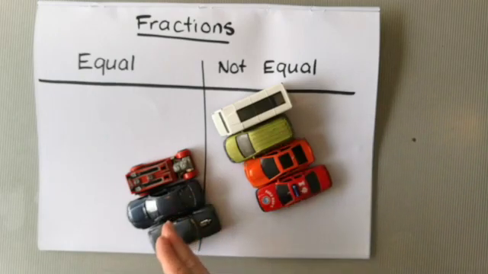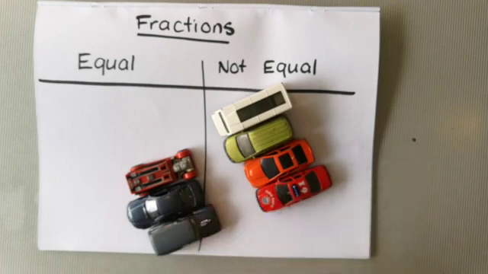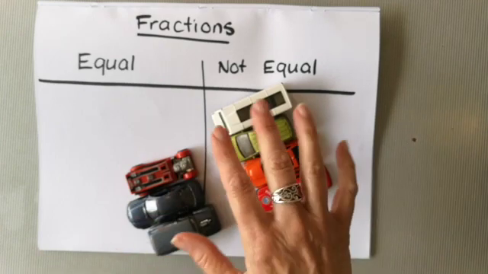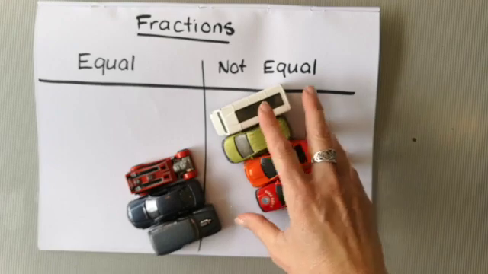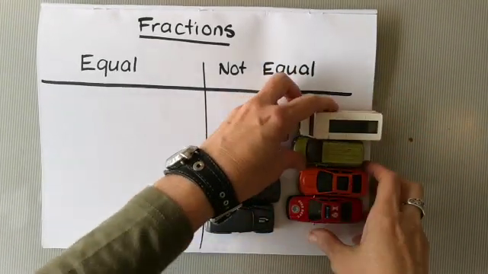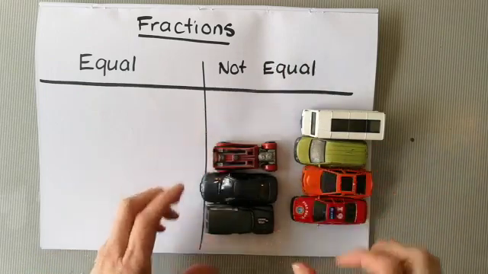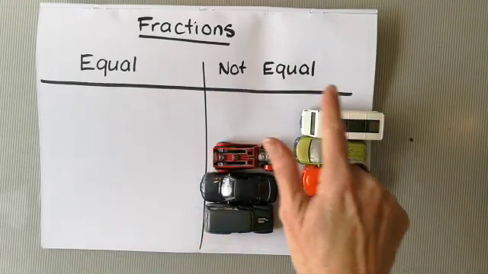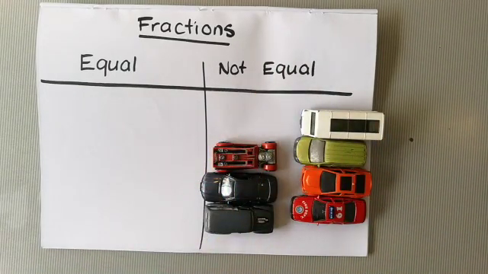Are they equal? I think you're saying already, no, they're not equal, are they? They are not equal. So if I was to draw them, I would draw my collections of parts over here on the not equal side.